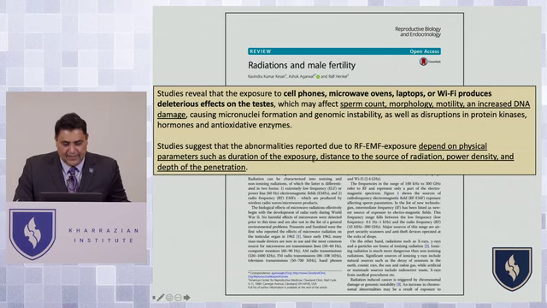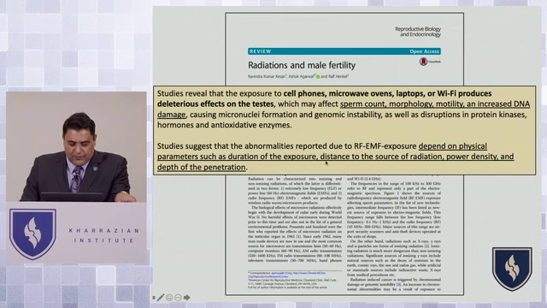Studies suggest that due to RF EMF exposure, depending on physical parameters such as duration of exposure, distance to the source, and radiation exposure density, have an impact on sperm penetration.